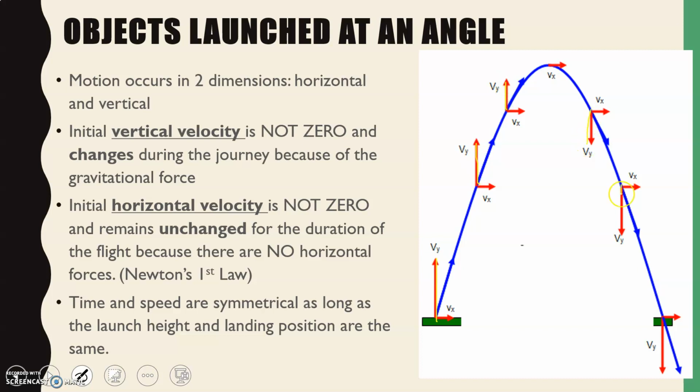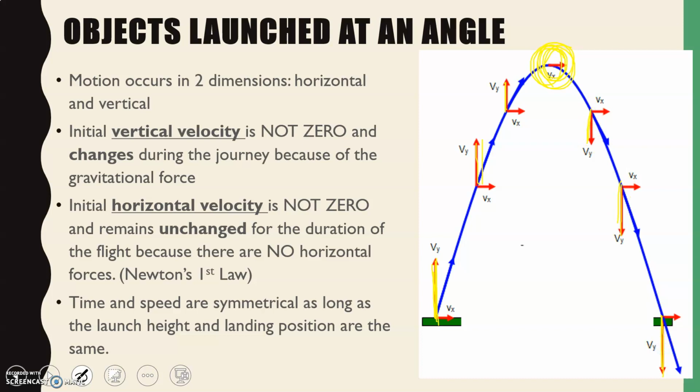You'll notice none of these vertical velocities, except this one up here, is 0. So the initial vertical velocity over here is not 0. And it changes. You can see that it changes. You have a huge arrow to start off with, kind of a medium size, a smaller size, no arrow because no velocity, back to small, back to medium, back to large.